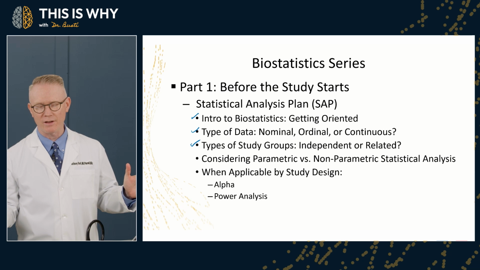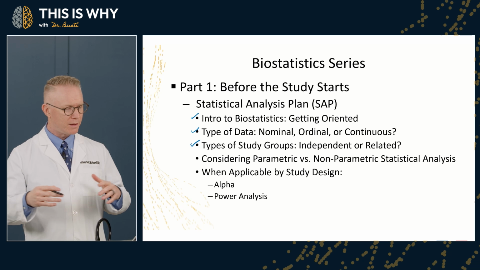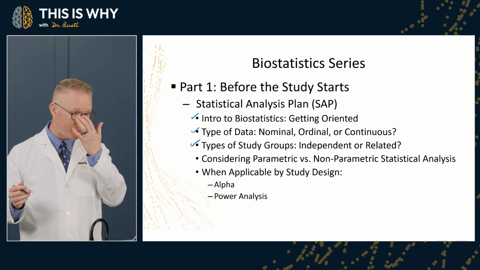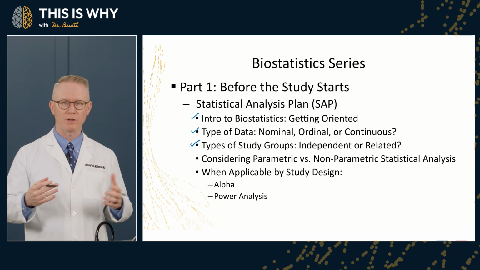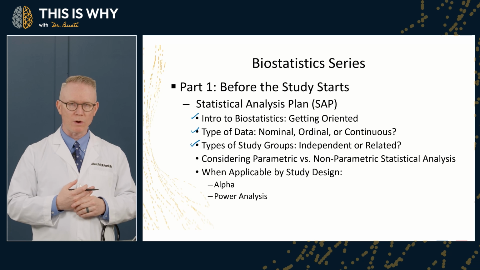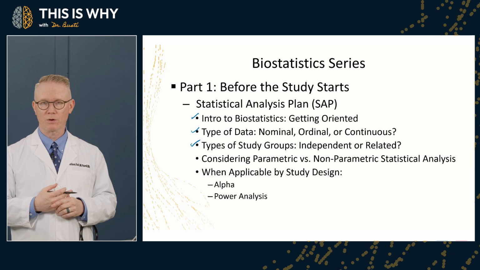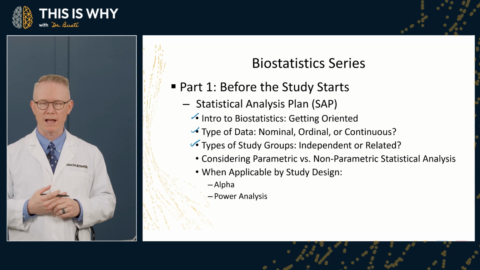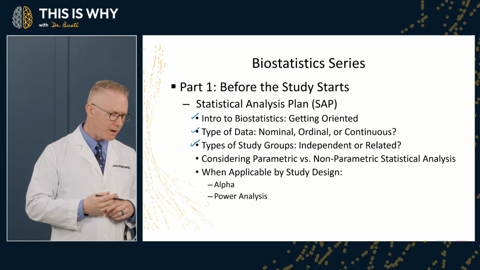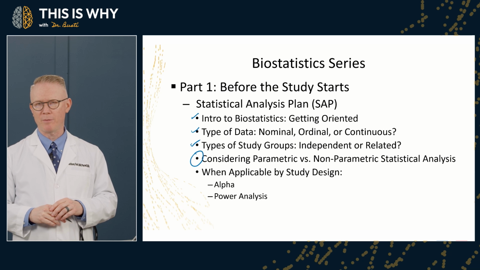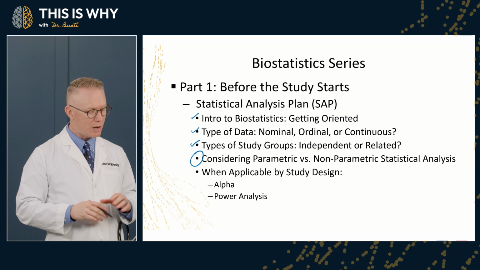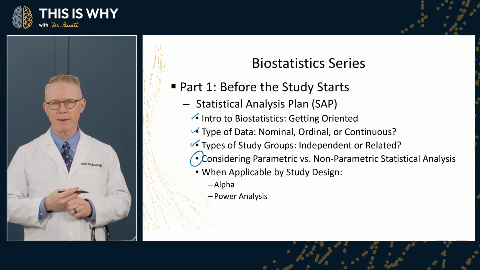I know that seems kind of straightforward, maybe elementary, but people mess it up because they're reading the paper, and if they misinterpret the way the methods describe the study, then they misinterpret the analysis potentially. But we are right here in considering parametric versus non-parametric statistical analysis, and we're going to be using our decision table to guide us with that, to fill in those gaps.